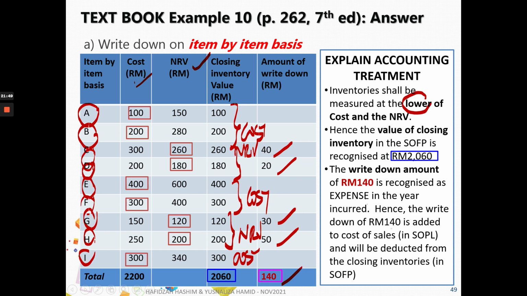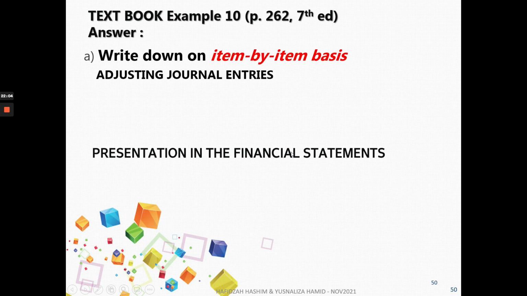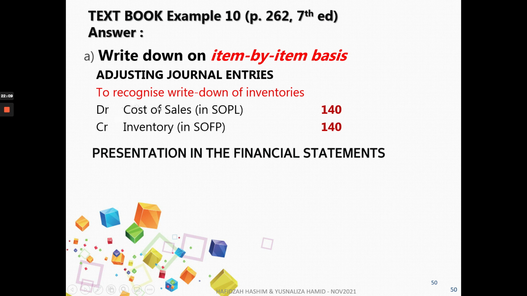So this should be recognized under cost of sale, and the write down is being added. Cost of sale is an expense and it will be deducted from the closing inventories in the SOFP. So in the SOFP, you will report 2060.